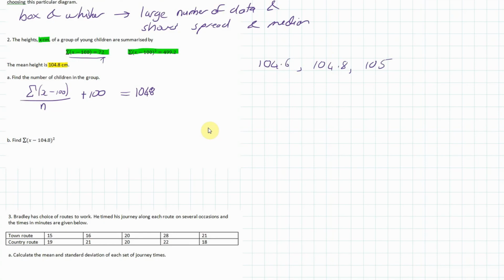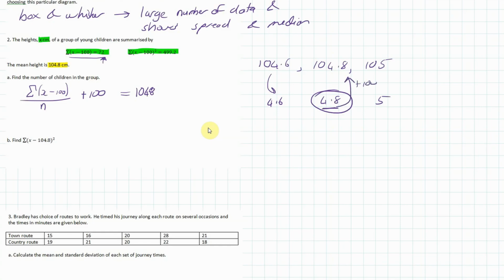Obviously this is not going to add to 72, but what we've done to each piece of data is take 100 off. So these become 4.6, 4.8 and 5. If we add them all together and divide by 3, we get a mean of 4.8. Now to get back to the original mean, we just have to add 100.